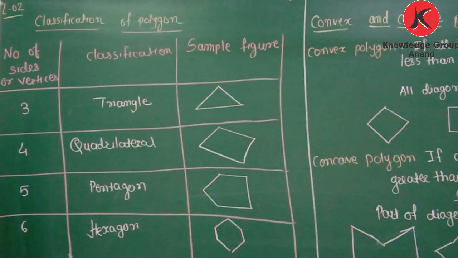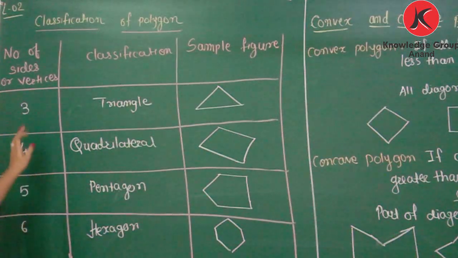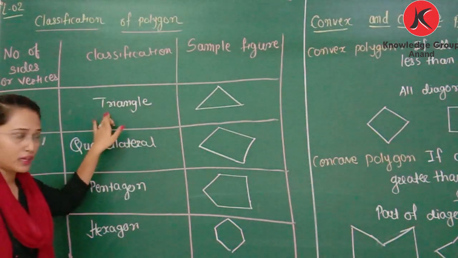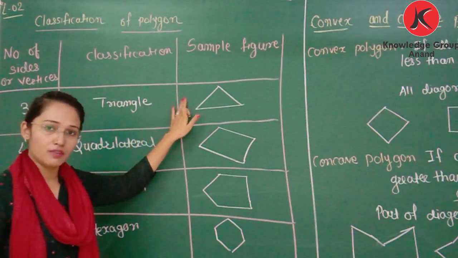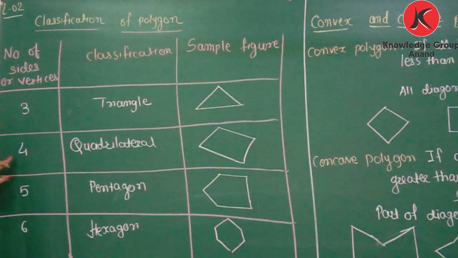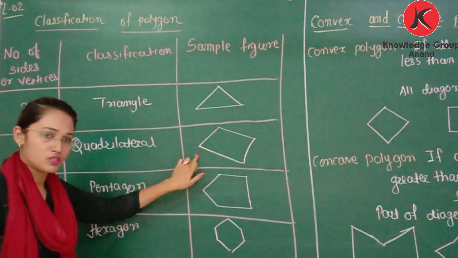Here the classification of polygons is given, which we already learned in a previous standard. If the number of sides is 3, it is called a triangle, and a simple shape is given that can be formed with 3 sides. With 4 sides, it becomes a quadrilateral. Here a 4-sided quadrilateral is drawn.